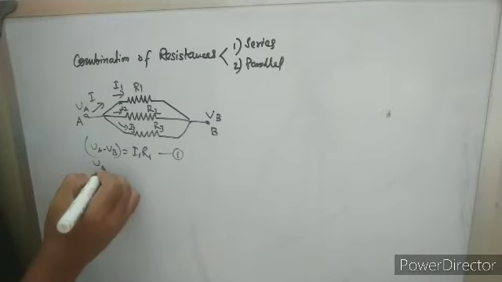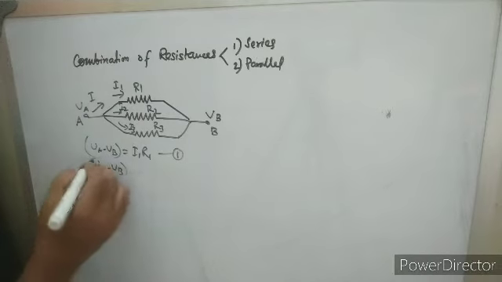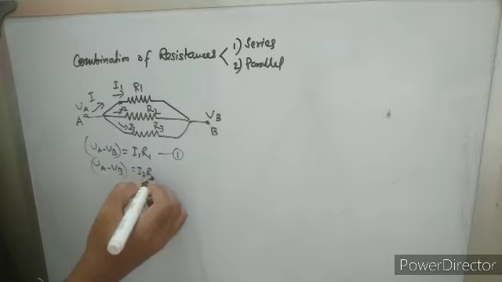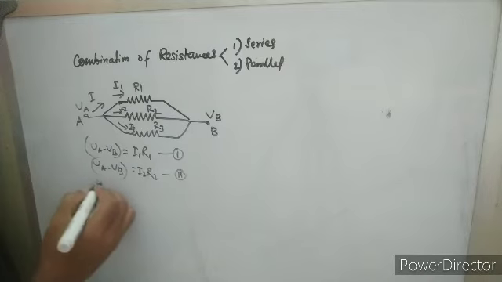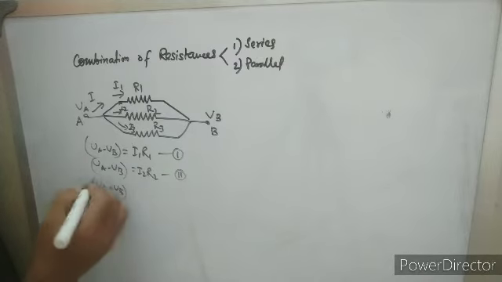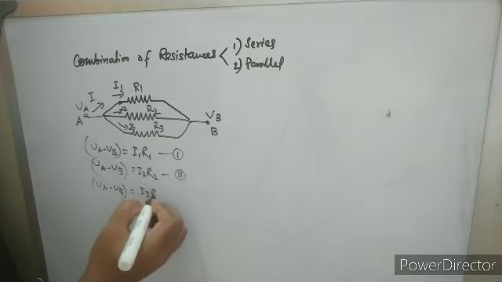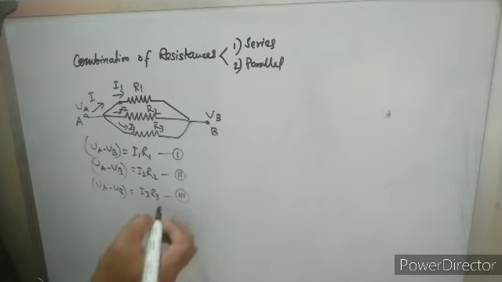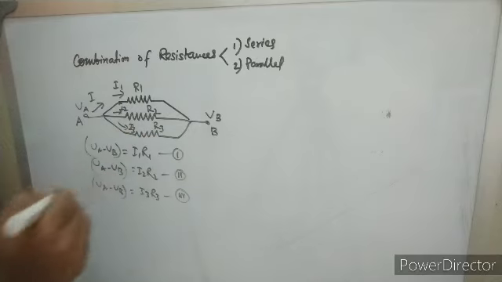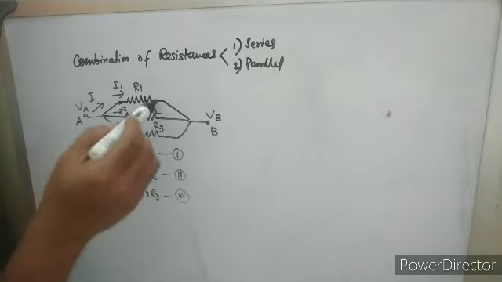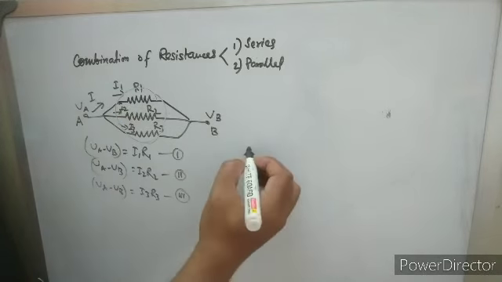Second equation, VA minus VB equals I2 R2. And VA minus VB equals I3 R3, equation three.